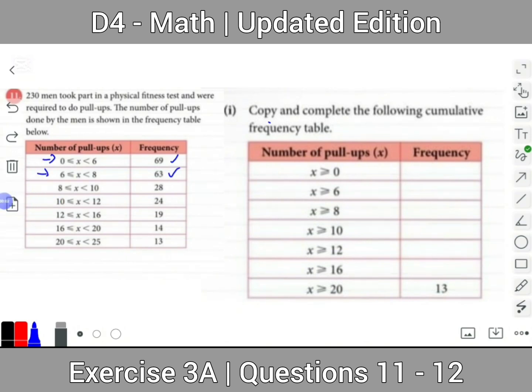Frequency is the rate at which something occurs. So now we will try to add all the frequencies. 69 plus 63 plus 28 plus 24 plus 19 plus 14 plus 13 gives us the total frequency of 230.